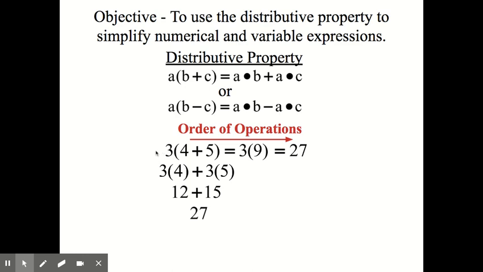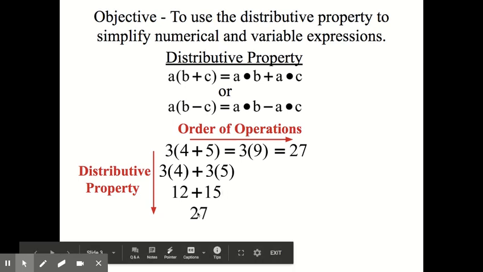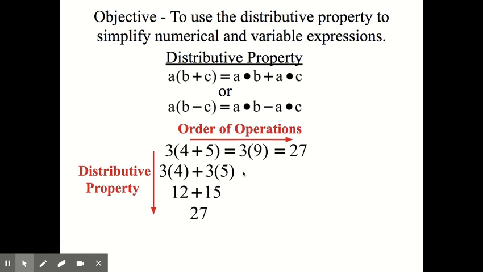But if we use the distributive property, we would find that 3 times 4 is 12, 3 times 5 is 15, and that would give us 12 plus 15, which is 27. So you end up with the same answer using the distributive property or using order of operations. That's why the distributive property works.